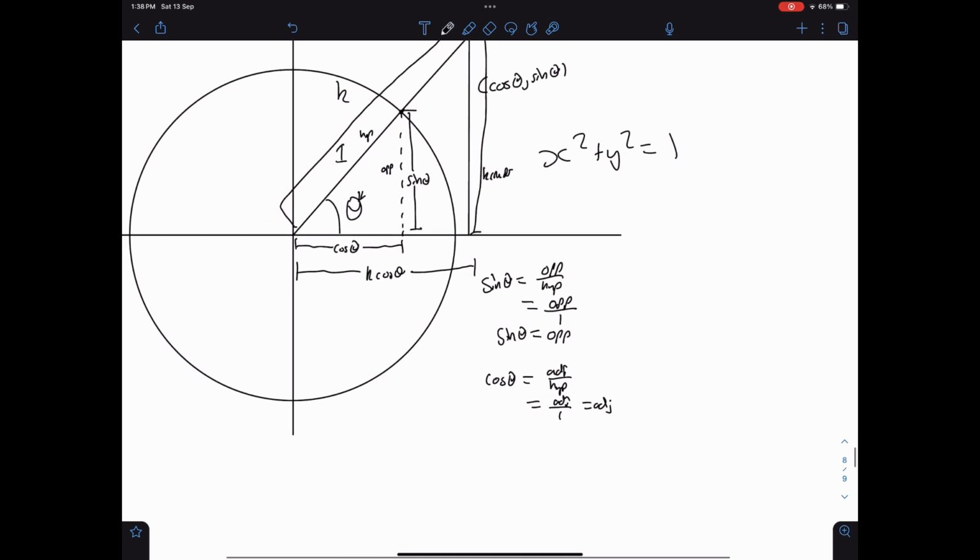And so when you do that division, those k's will cancel out, and you'll still get cosine theta and sine theta.